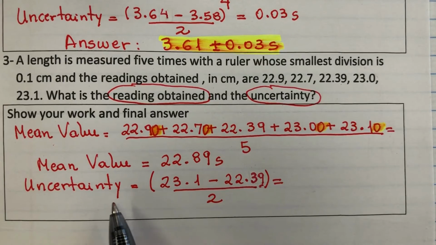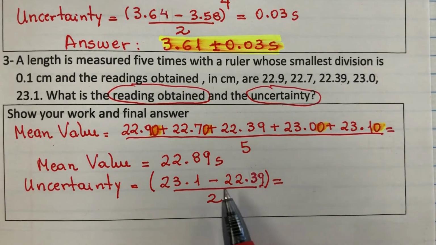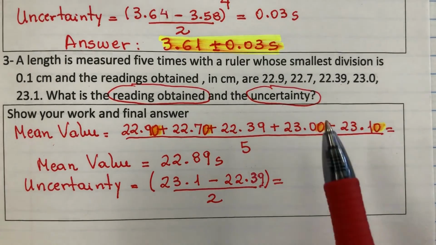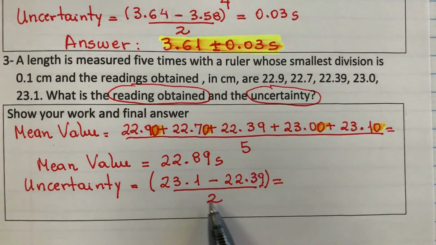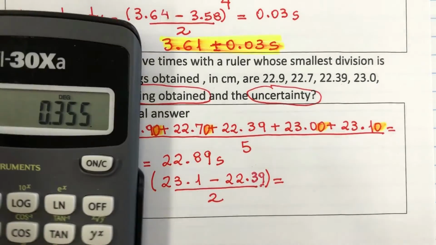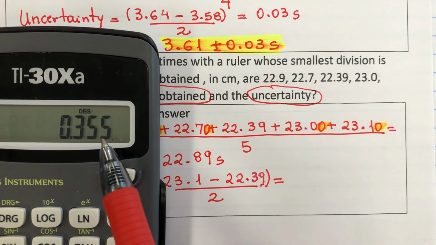To calculate the uncertainty, I subtract the lowest reading, which is 22.39, from the greatest value of my trials, which is 23.1, and divide by 2. When I divide, I have this value right here.